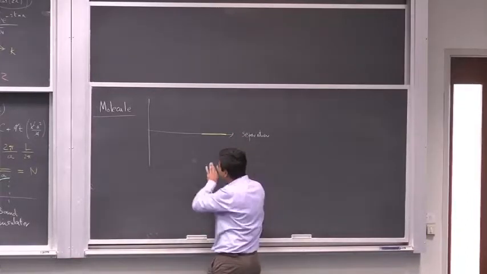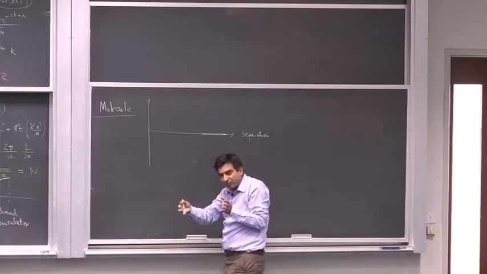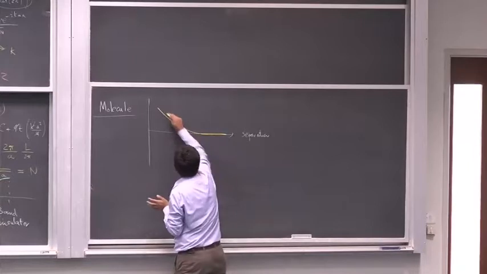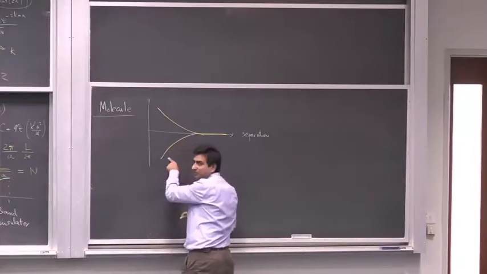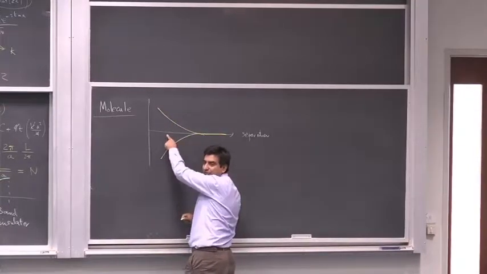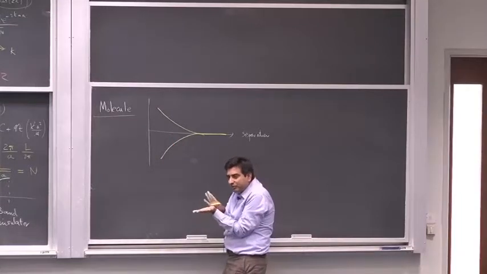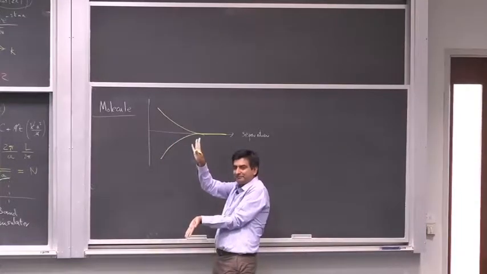Correct? And when you move closer, which means that the overlap T goes up, then you get a level here and you get a level here. One of them you call the bonding molecular orbital, the other you call the anti-bonding molecular orbital. So you get this divergence of energies.